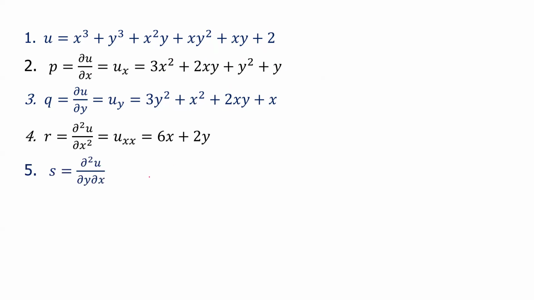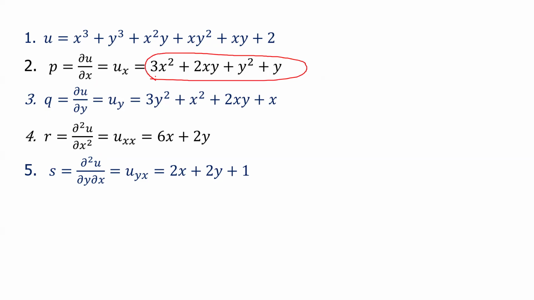Similarly, if you want to find s, the partial derivative of u with respect to y and x, we again partially differentiate this with respect to y. So this will become 0. This is 2x plus 2y plus 1. This is the second order partial derivative of u with respect to y and x.